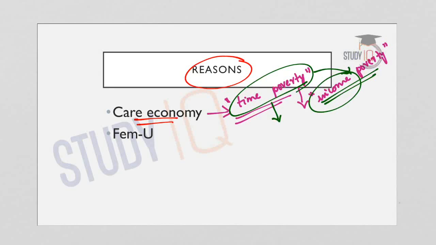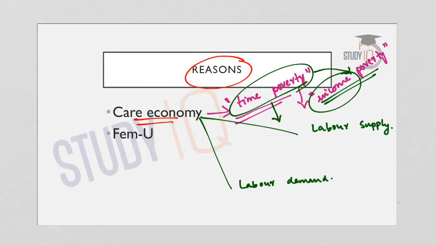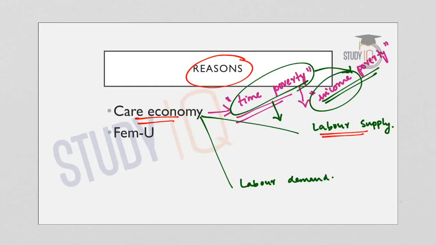So we can say that this care economy has caused constraints on labor supply, and also there are existing constraints on the side of labor demand. So what does it mean? Labor supply constraints means that women are not getting into economic activities or income generating activities because of their constraints in time and because of their burden of household work.